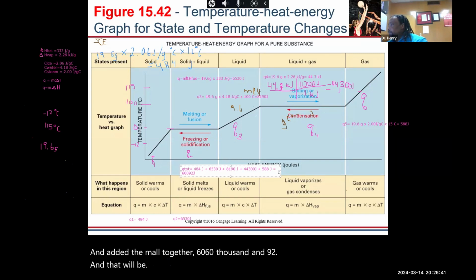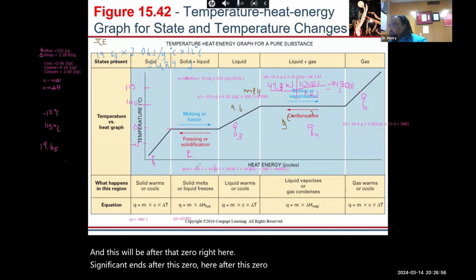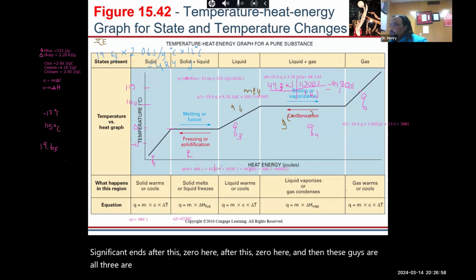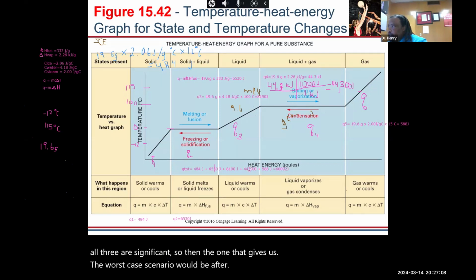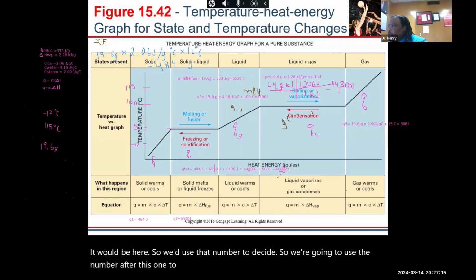And so if we look at our numbers for significant figures, this will be after that 0 right here, after this 0 here, and these three are all significant. The worst case scenario would be here, so we use the number after this one to determine whether we round up or leave it alone.